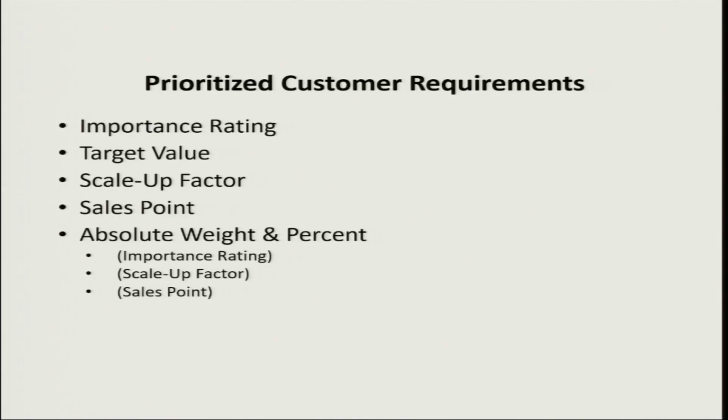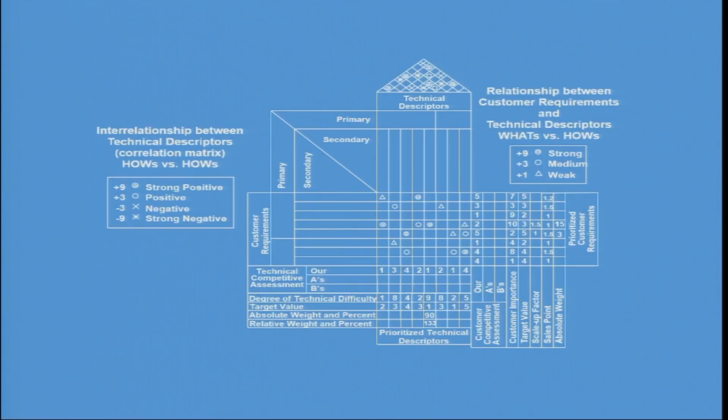And then we scale up also. At present the value is 3, we want to scale up to 4.5. So, we see what efforts are required, what actions are required, and what is the selling point in that. And then we give the absolute weights and percentage to perform the importance rating. So, based on this, the complete diagram of this manner can be created.